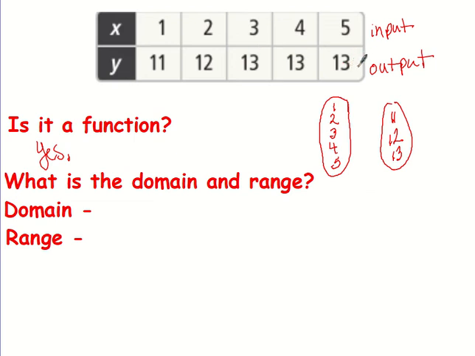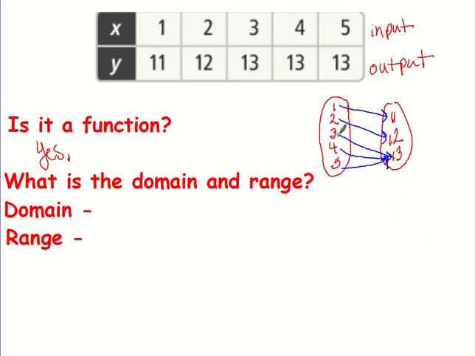It comes up a couple of times, but that's okay. Then I'm going to connect the inputs to their outputs. 1 went to 11, 2 went to 12, 3 went to 13, 4 also went to 13, and 5 also went to 13.